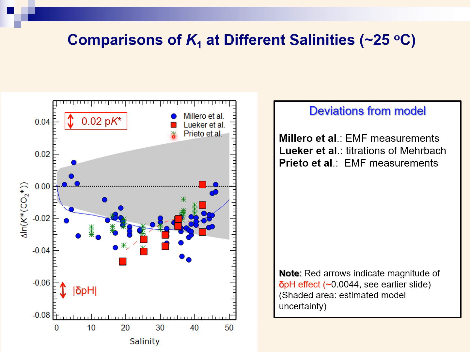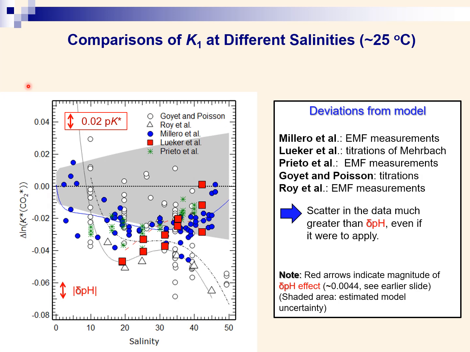Next, in green, we add the EMF results of Motica Prieto et al., perhaps a little higher than Luca's experiments, that is to say, smaller deviations relative to the model. But we see that this data set has a similar level of scatter to the others and pretty good agreement overall.